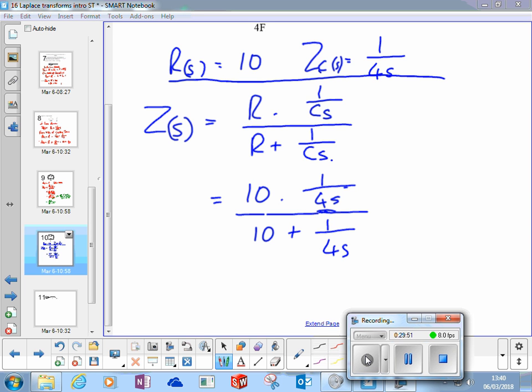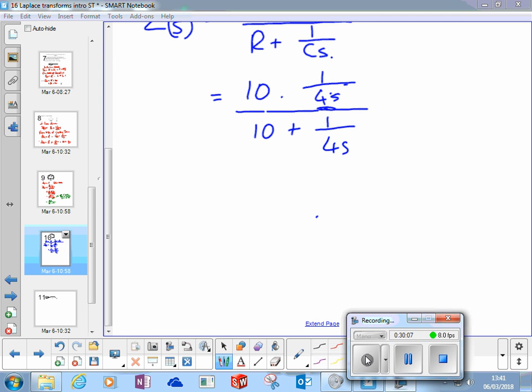So that's correct. The impedance of the capacitor and the impedance of the resistor, multiplied together, over the resistor plus the capacitor added. So what can we do to simplify that?